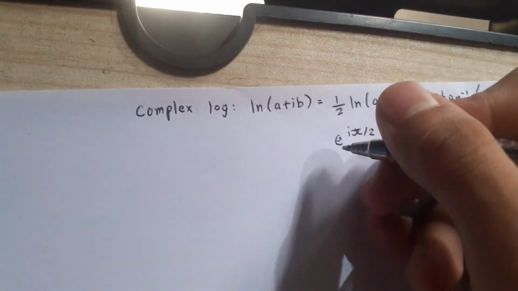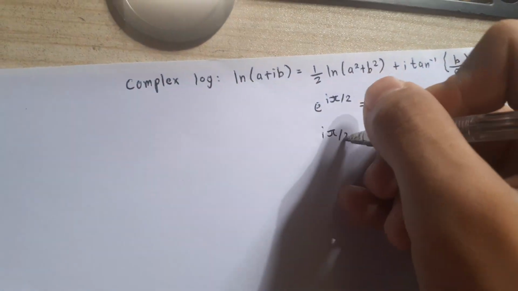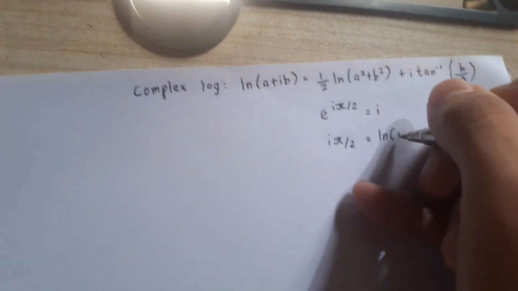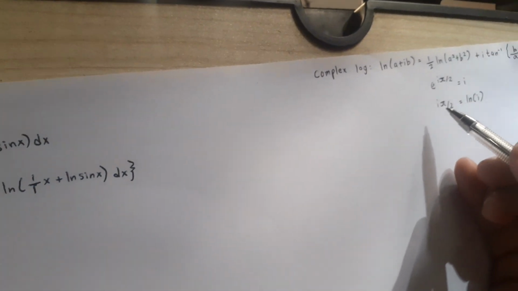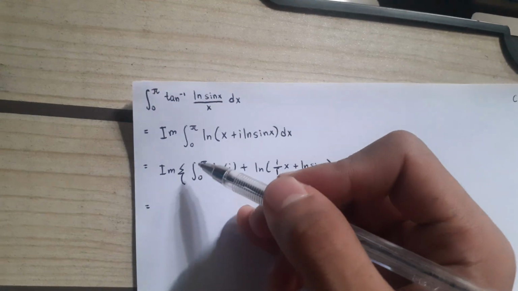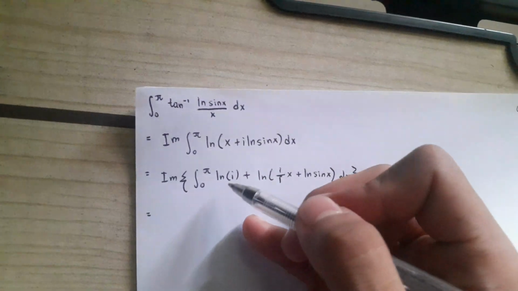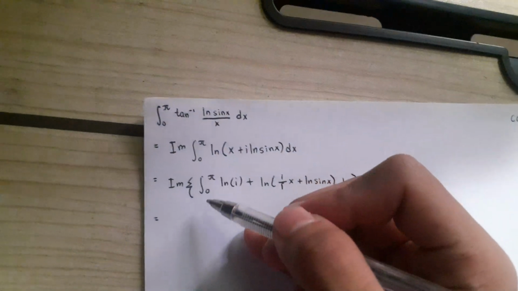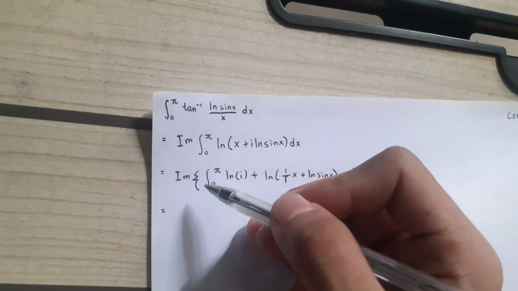If we take the natural log of both sides, we have i pi over 2 is equal to ln of i. Taking the imaginary part gives pi over 2, and multiplying it by pi, because integrating the constant ln i only results in pi minus 0, which is pi.